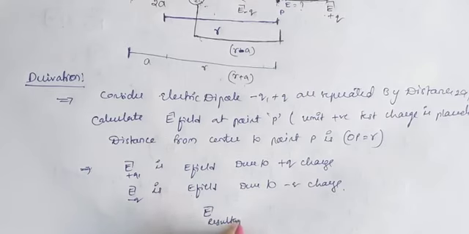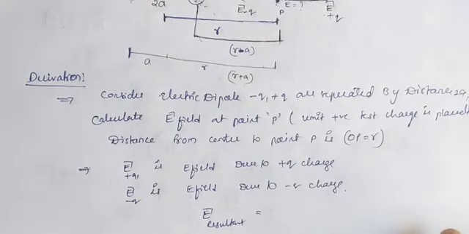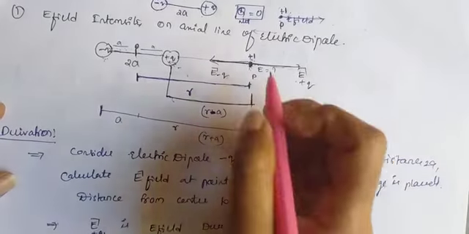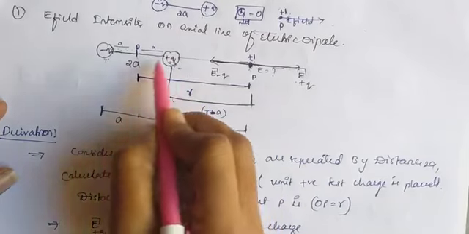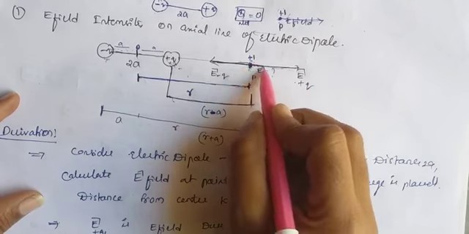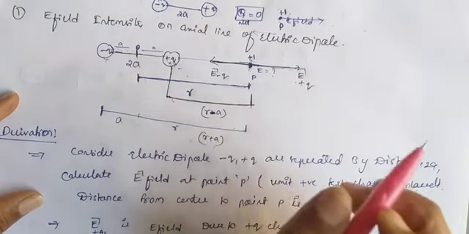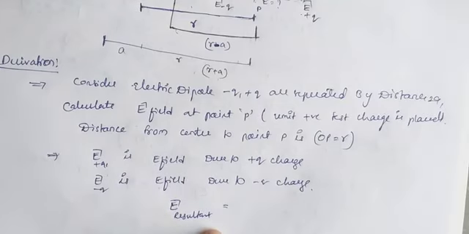E resultant is equal to, see here, this is the electric field due to positive charge, this is the electric field due to negative charge. Okay, so here the magnitude of the electric field is, see here. Okay, so before the E resultant we have to write the individual electric fields.